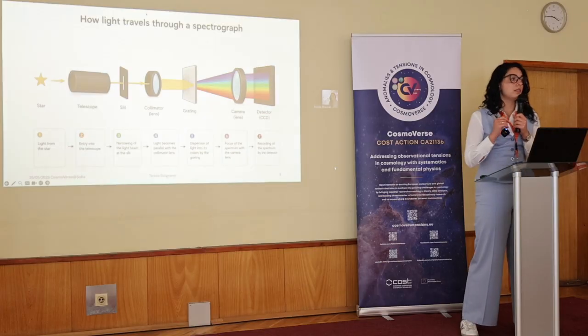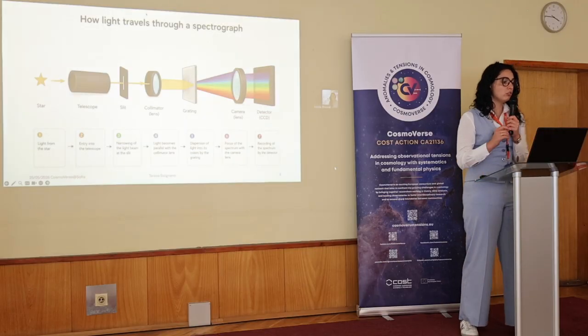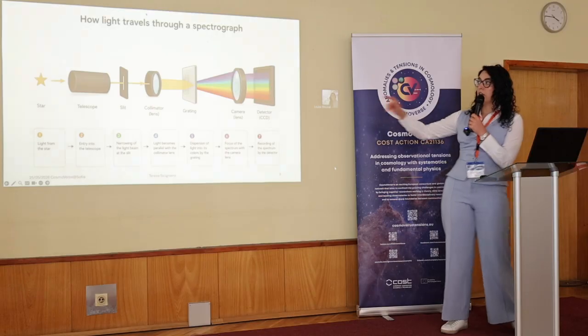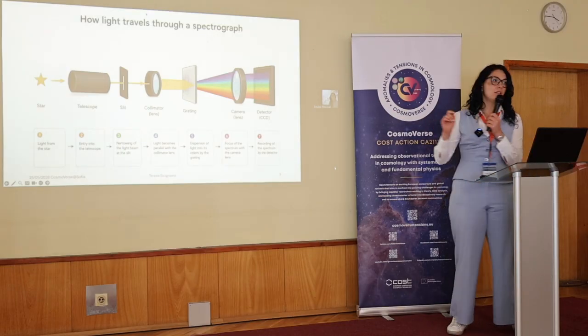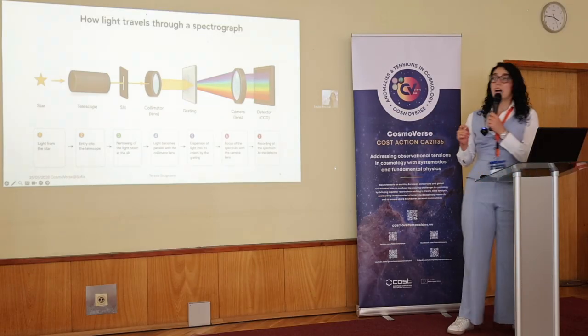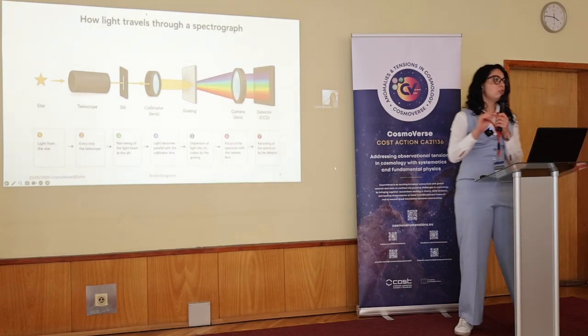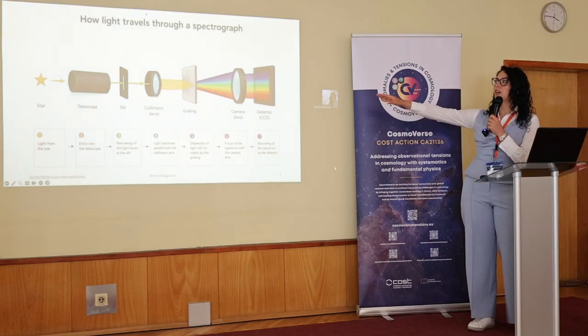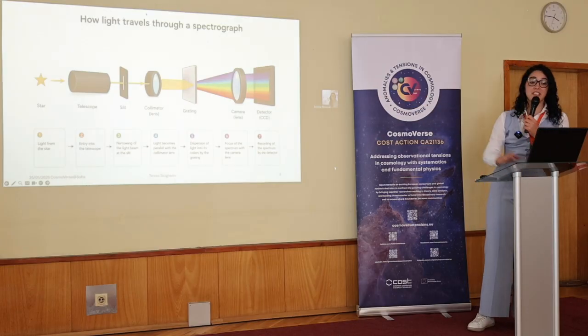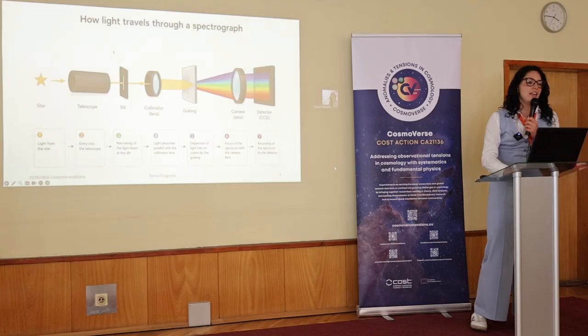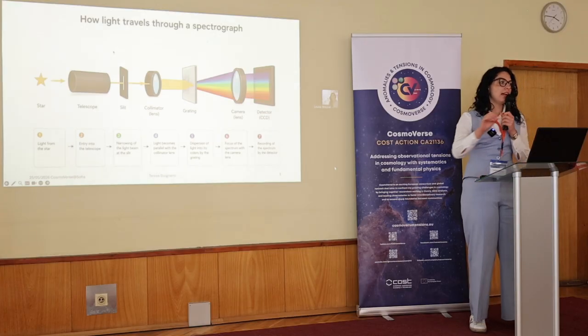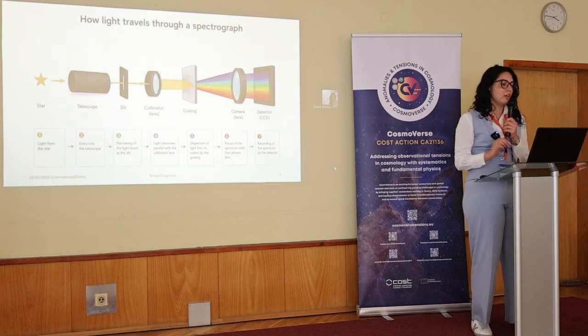The spectral resolution is given by this grating, because once the light of the star has arrived on this grating, it is split into the wavelength. And for this reason, in these images, after this there is a rainbow, because in the rainbow the light is split along the different wavelengths.